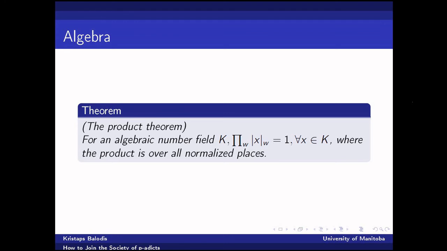And so it says that for an algebraic number field K, given any element in that field K, if we evaluate the product of that element over all the infinite places, all the normalized places coming from the exact representatives of each of the prime ideals and the real and complex embeddings, then it all multiplies together to equal 1. And to me, again, this is another very beautiful statement. It all comes back to one sort of unity, one sort of harmony here.